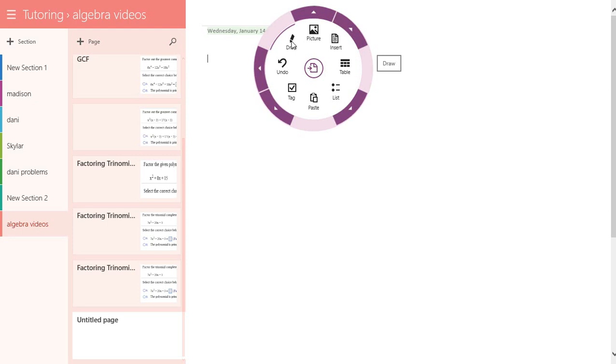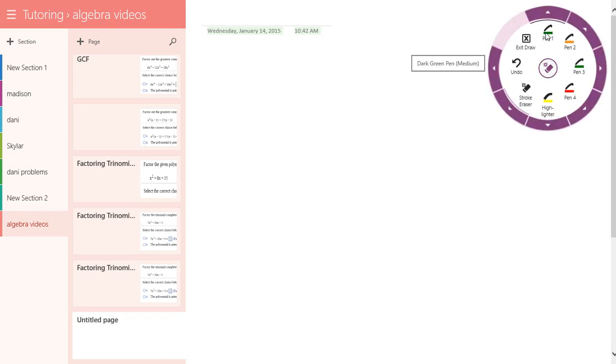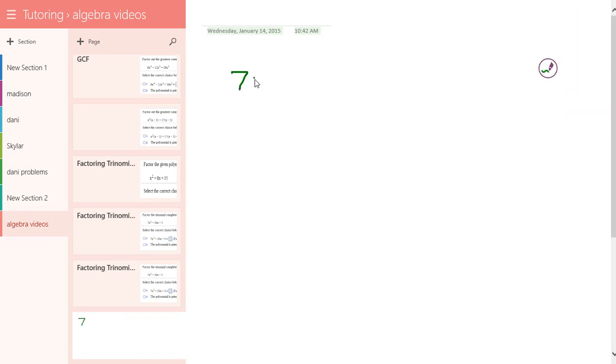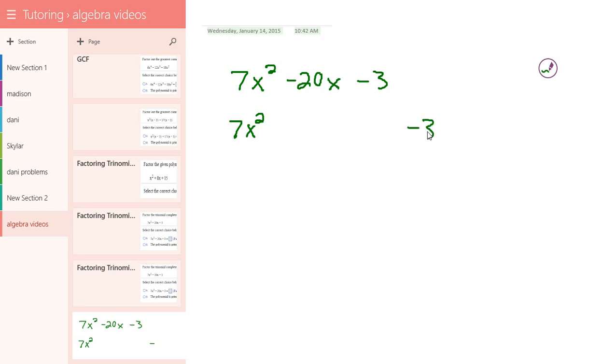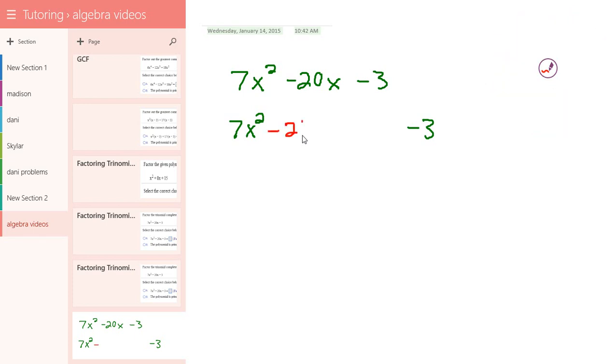So you take that 7x squared minus 20x minus 3. The next step is to rewrite that as 7x squared and then minus 3, and then that minus 20x becomes exactly what you broke it up as, minus 21x plus 1x.